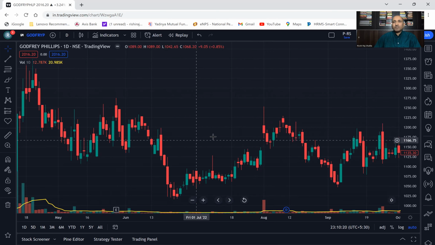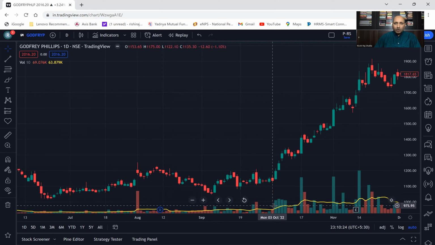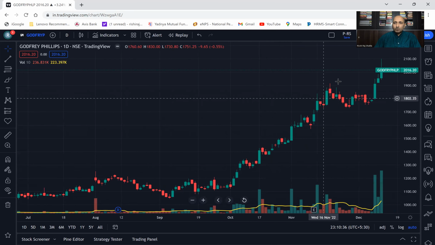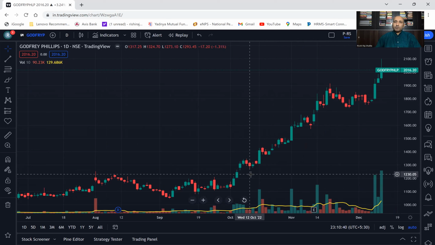There is no significant movement here. But once volume started to spark in this area, significant movement started, and from around 1125 it goes to around 2000 within a very short span of time. That means volume has a significant role in price movement.